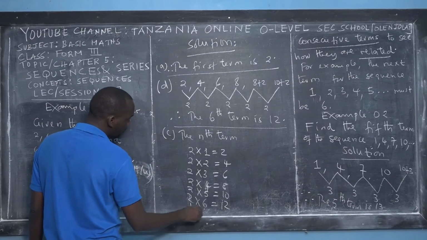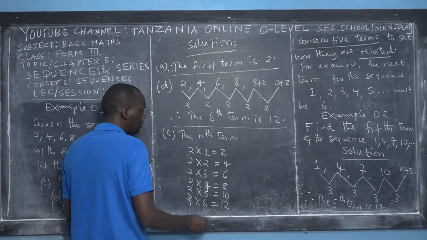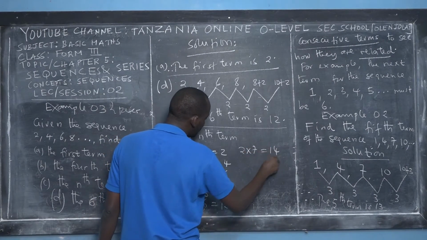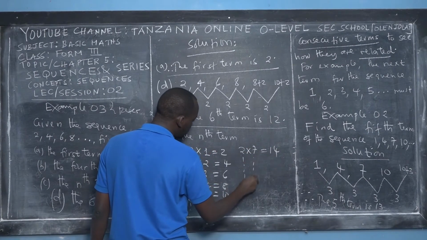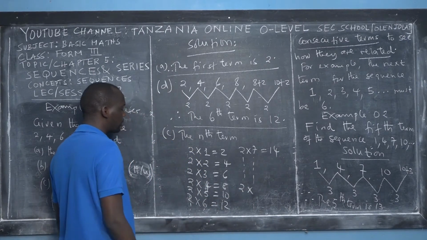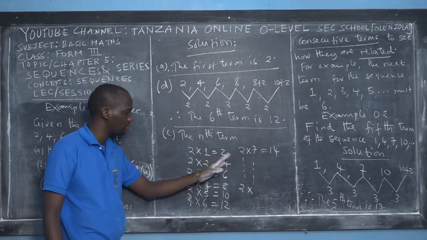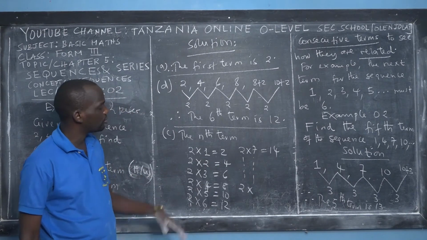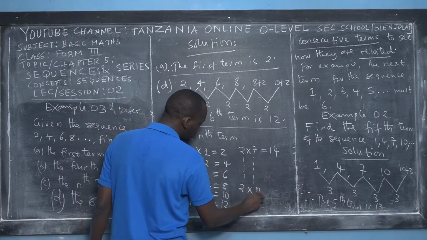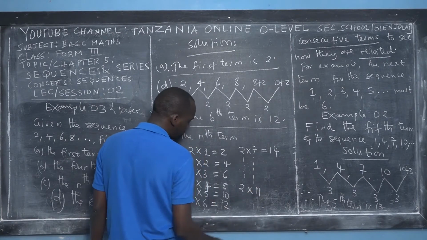So you continue, and you find 2 is common. For example, the next term is 2 times 7, which is equal to 14. So 2 is common, and then you multiply by n, a natural number: 1, 2, 3, 4, 5, 6. Because it does not have n, you say that it will be n. So 2 times n.